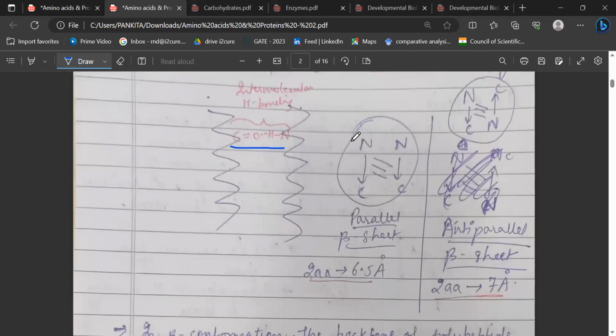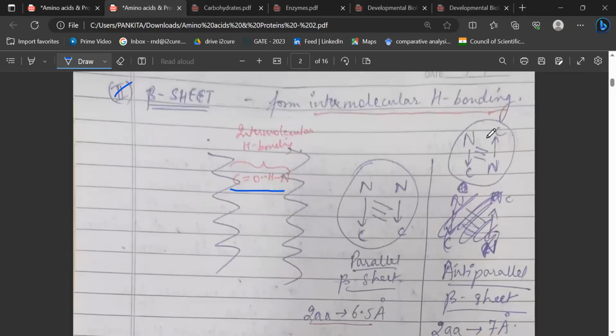Basically, in parallel beta sheets, the orientation of both the polypeptide chains is in the same direction, either from N terminal to C terminal. Both of the chains will have the N terminal on the top and the C terminal at the bottom. So this will be the parallel beta sheet.